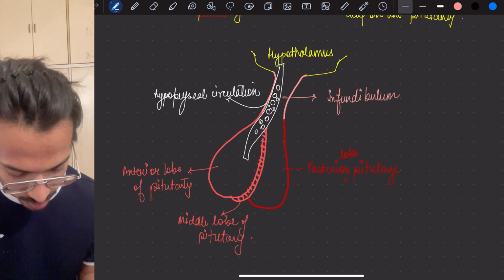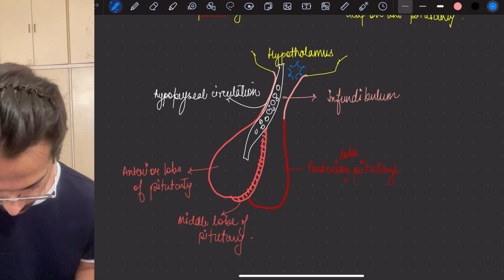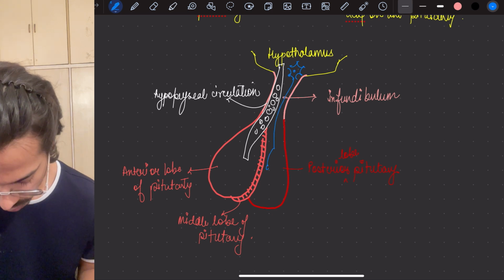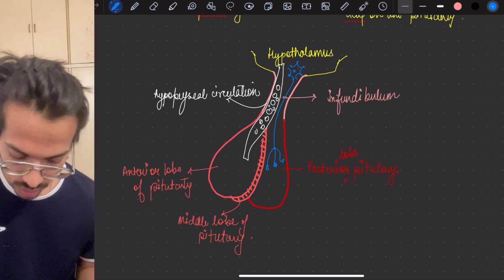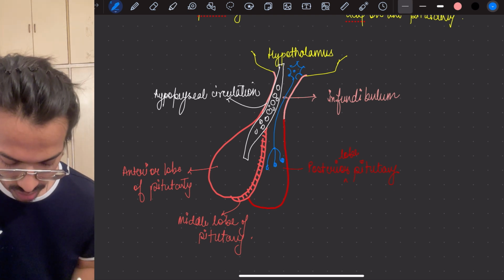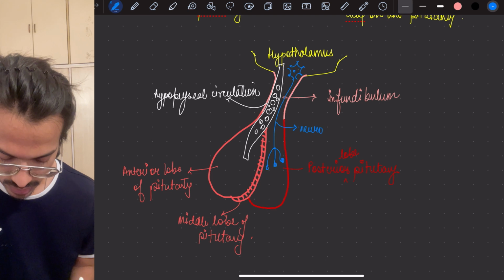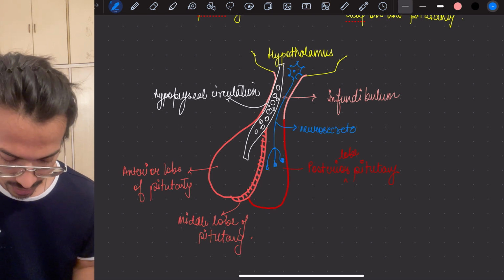Whereas posterior pituitary is joined with the help of neurons. And the endings of these neurons are highly swollen because they will secrete certain hormones. So this is a neurosecretory connection.